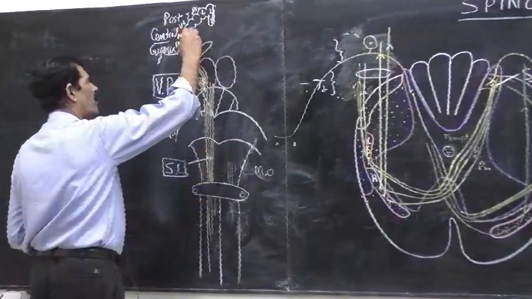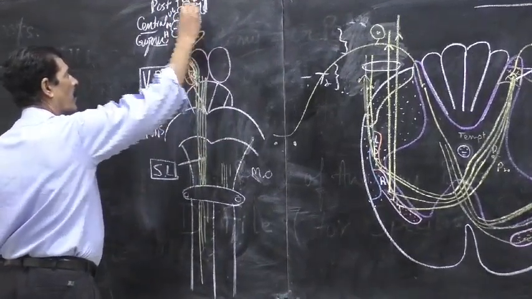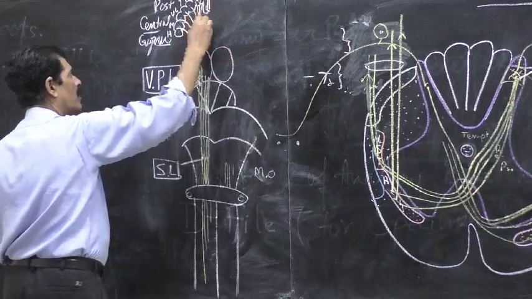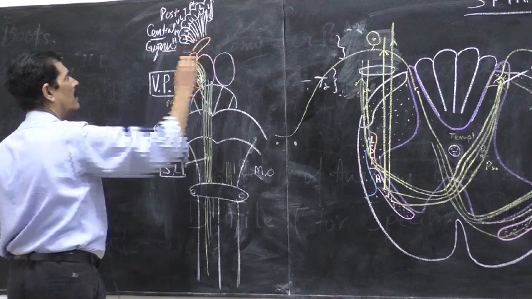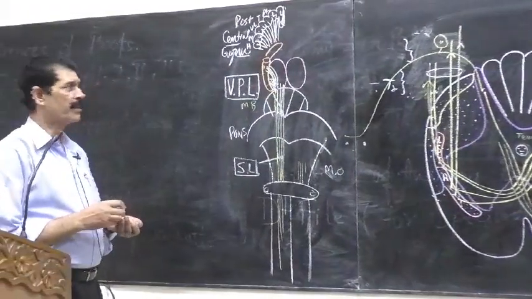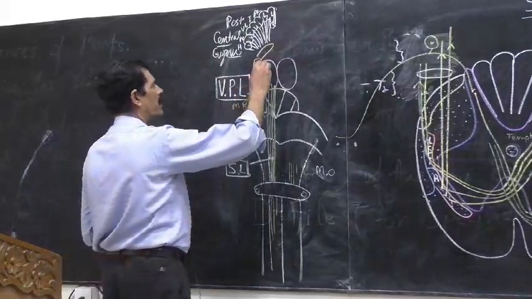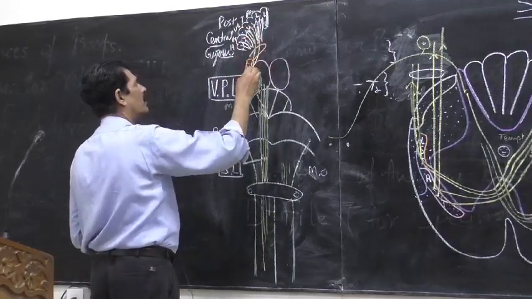As we know, corona radiata fibers are already coming. Cortico-spinal fibers are already coming down, the motor pathways. So with these descending fibers, these ascending fibers also go.